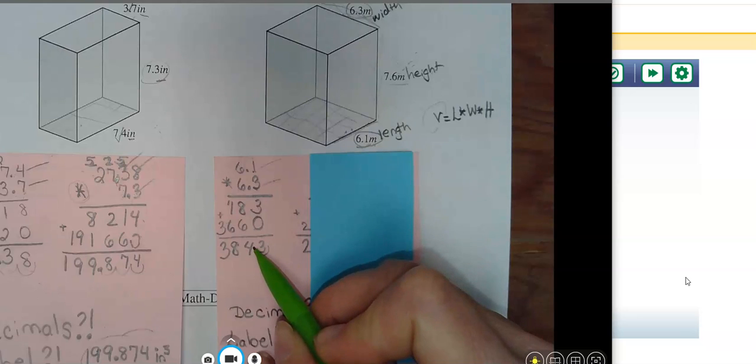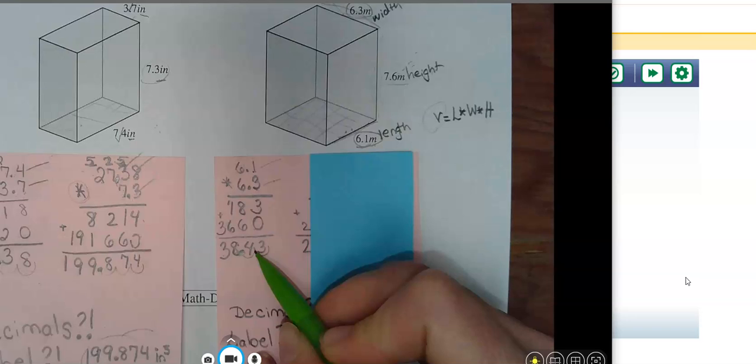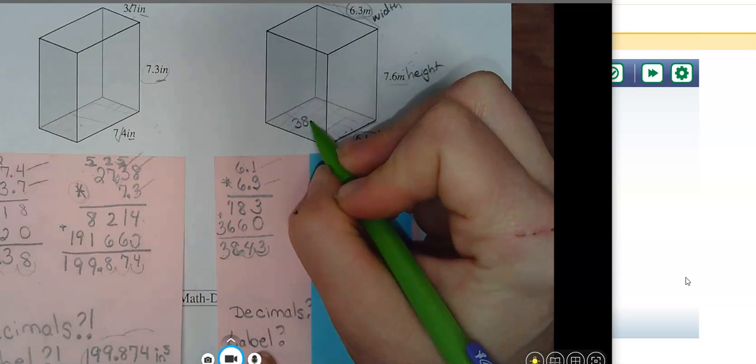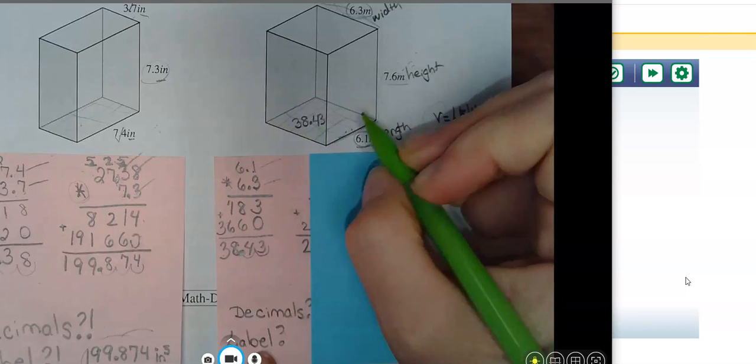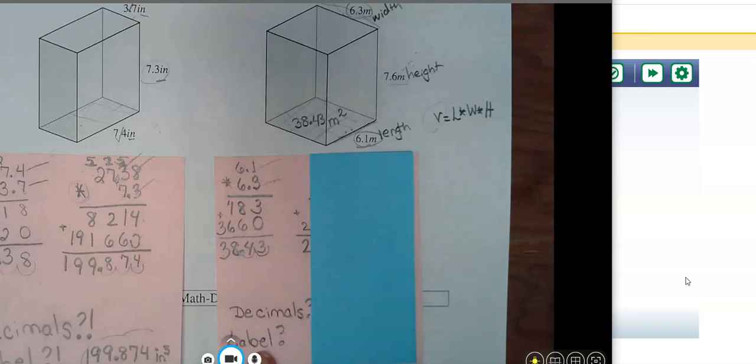Since we're not labeling it, since we're going for volume, we will count the decimals and say 38 and 43 hundredths. That is the area, 38 and 43. I will label it here just to show you, square meters.